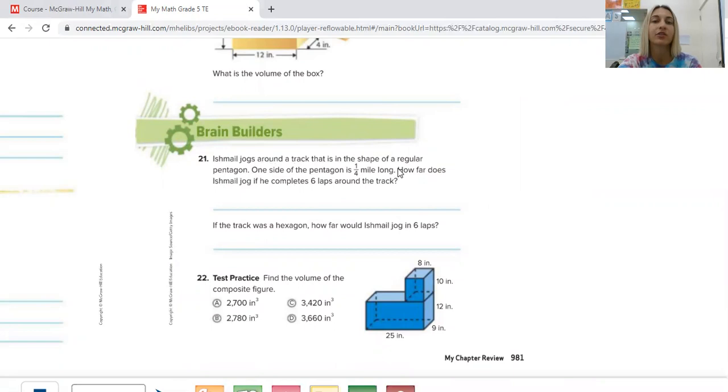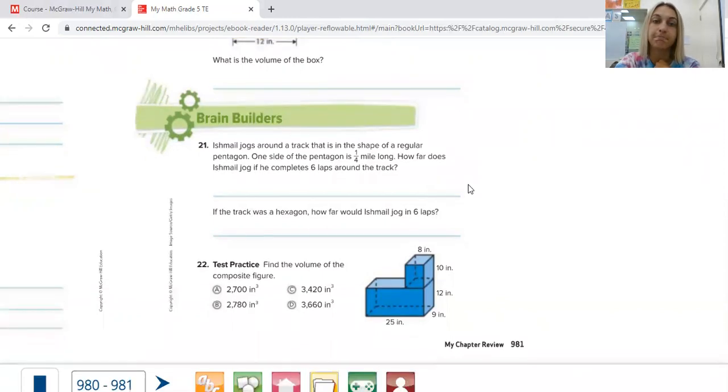Ishmael jogs around a track that is in the shape of a regular pentagon. Pentagon has 5 sides. One side of the pentagon is 1/4 mile long. How far does Ishmael jog if he completes 6 laps around the track? Remember, regular tells us all sides are equal. You know one side, you know all of them.